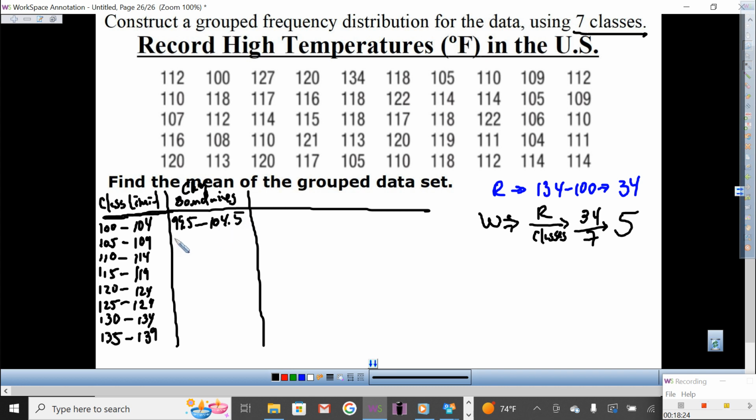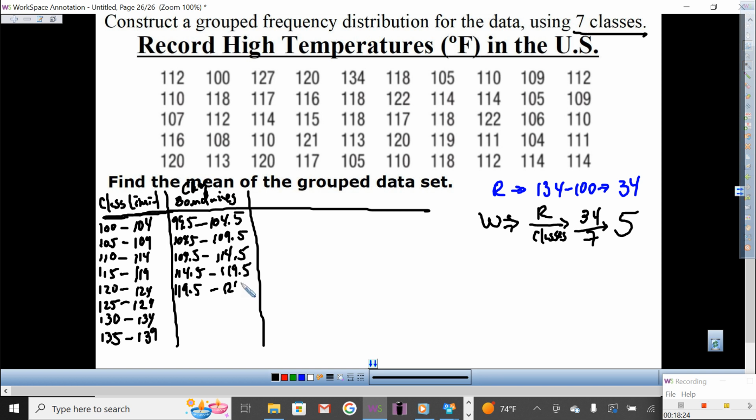That is correct. Then 104.5 to 109.5. Then 109.5 to 114.5. Then 114.5 to 119.5.